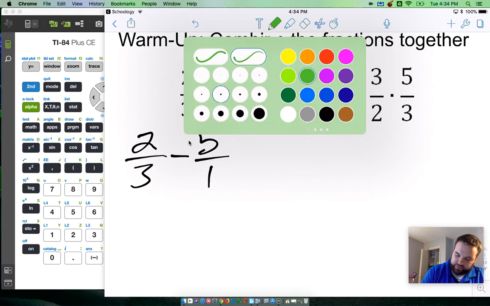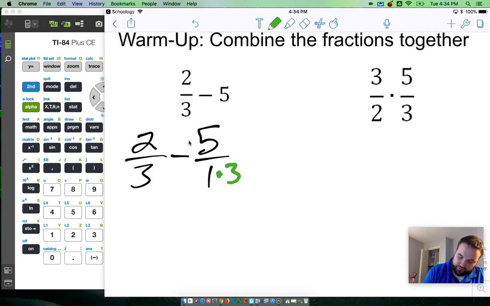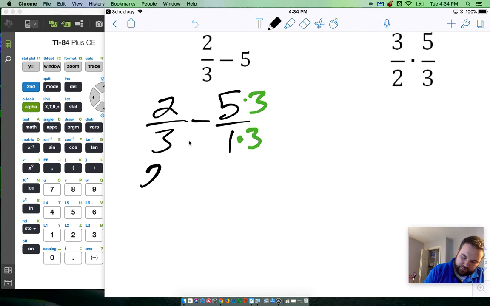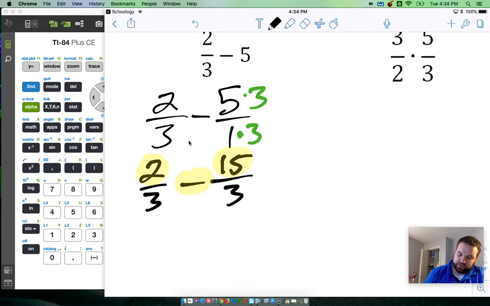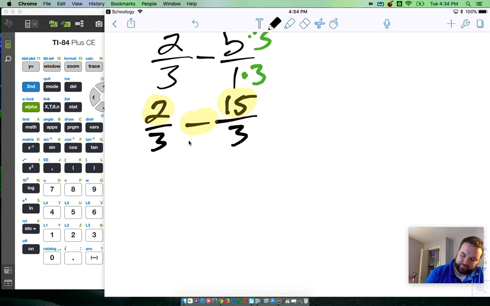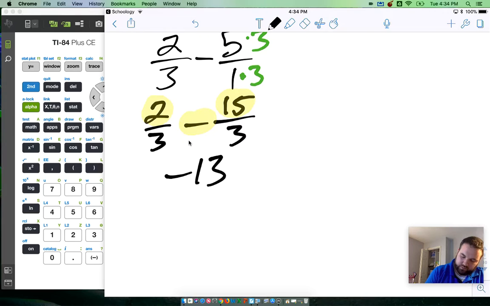So I'm going to achieve that by multiplying by 3 on top and bottom. What that allows me to do then is write this as 2/3 minus 15 over 3. And then with fractions, if I have a common denominator, I am just going to combine the numerators together, or the tops of the fractions. So 2 take away 15 is negative 13 over 3.